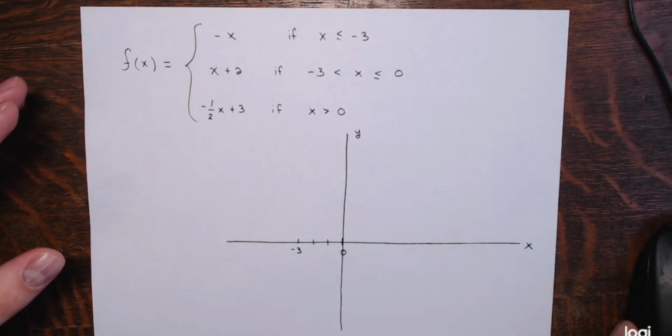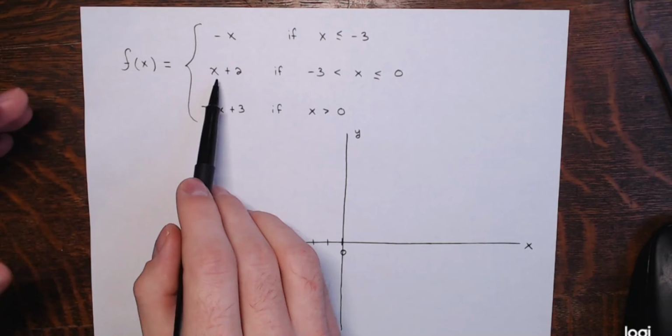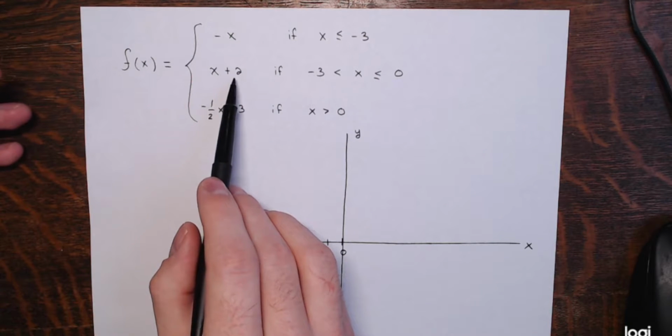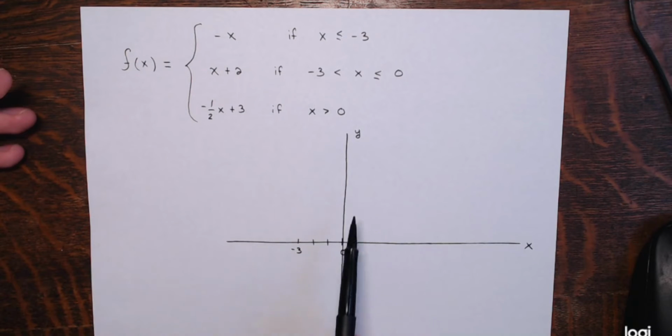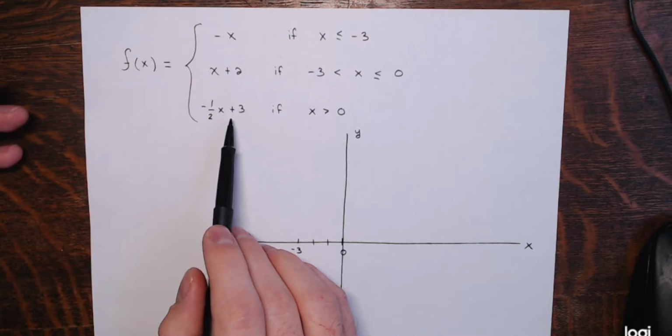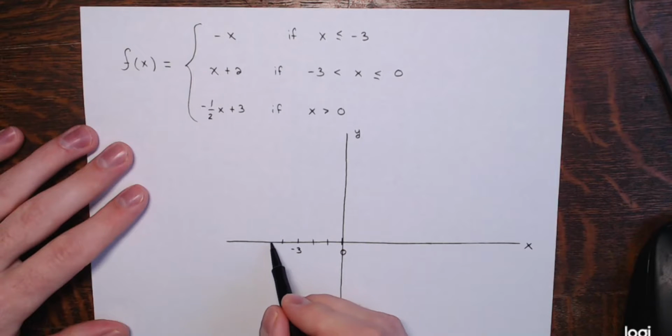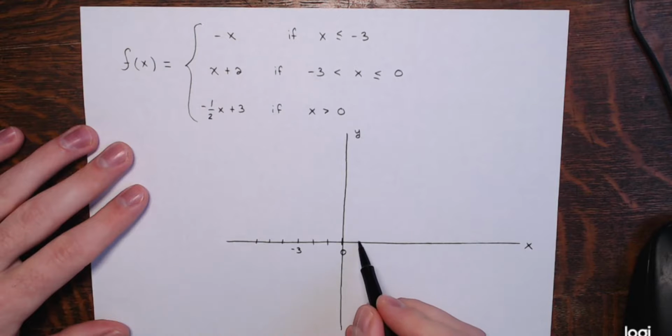And from negative 3 to 0, the graph's going to be a piece of y equals x plus 2. And to the right of 0, the graph's going to be a piece of y equals negative 1/2 x plus 3. And I'll put in some more values here, negative 4, negative 5, negative 6, 1, 2, 3, and so on.